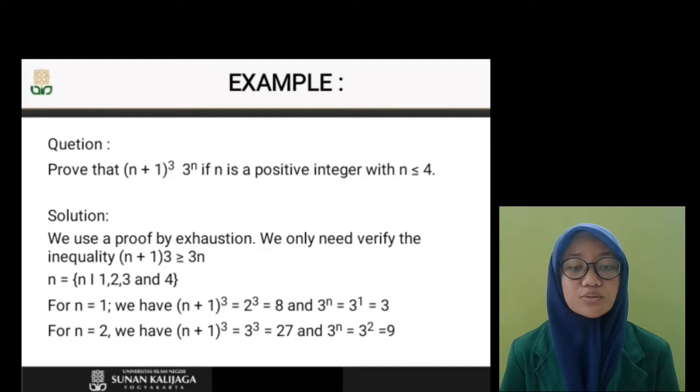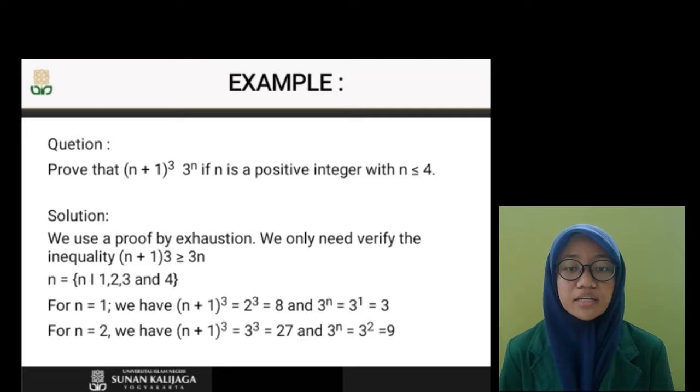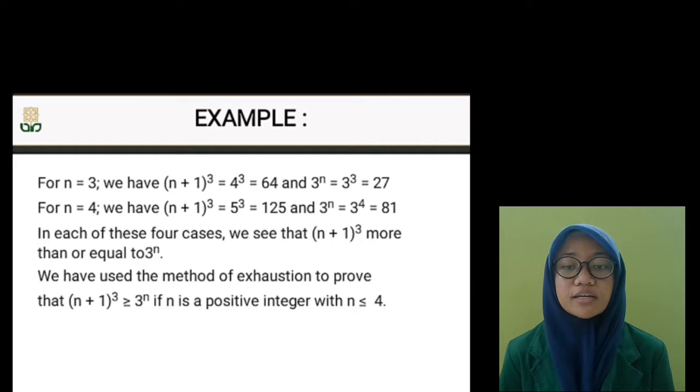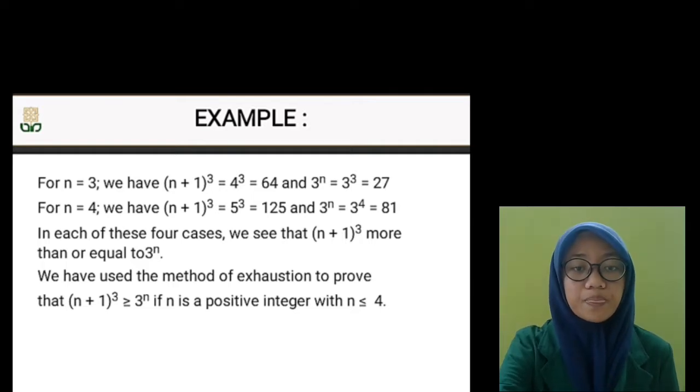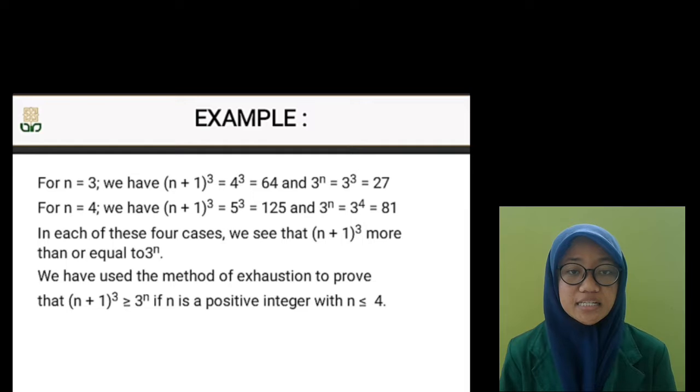For n equals 2, we have (n+1)^3 equals 3^3 equals 27 and 3^n equals 3^2 equals 9. For n equals 3, we have (n+1)^3 equals 4^3 equals 64 and 3^n equals 3^3 equals 27.